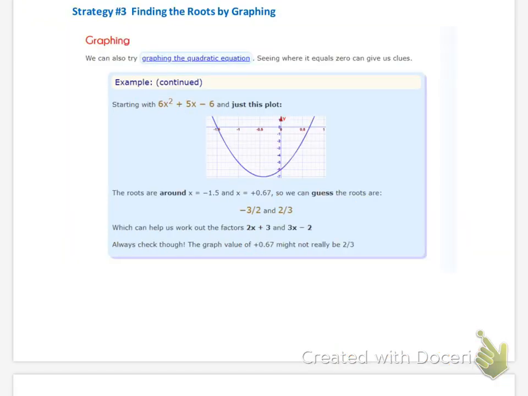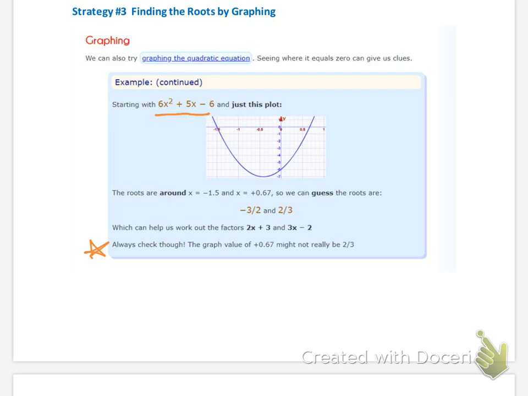Okay, so they say that another way you can find your roots is by graphing, but I would totally agree with them that you have to be very, very careful. Okay, so if you look at this and you already know that your function is 6x squared plus 5x minus 6, if you look at these roots, you can kind of guess where they are.